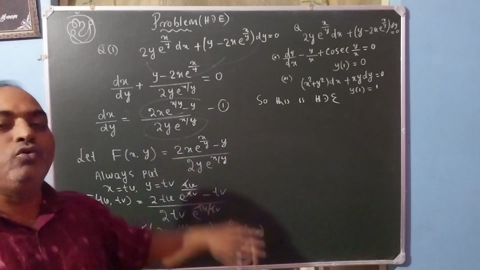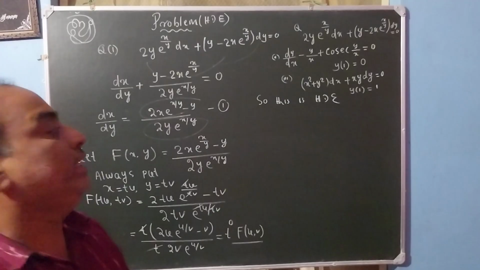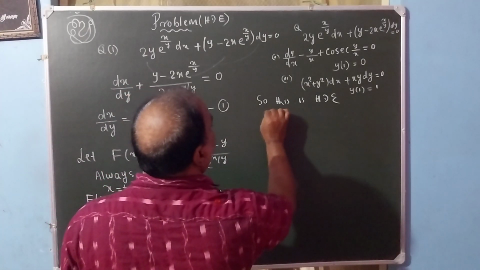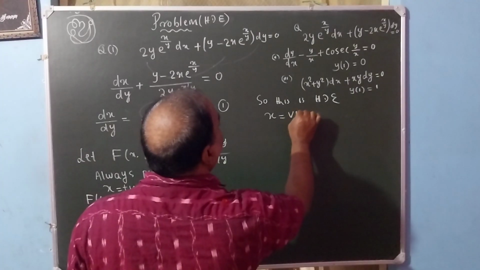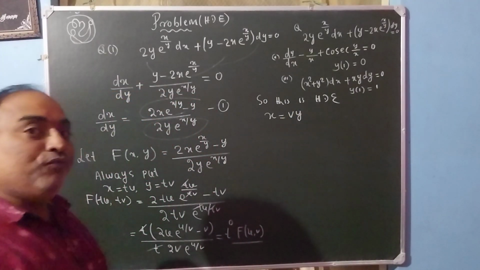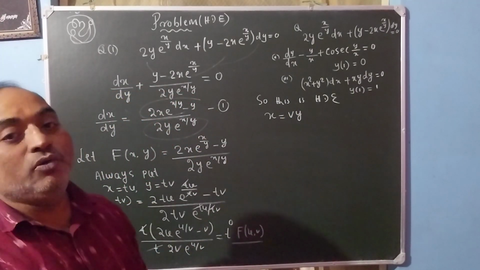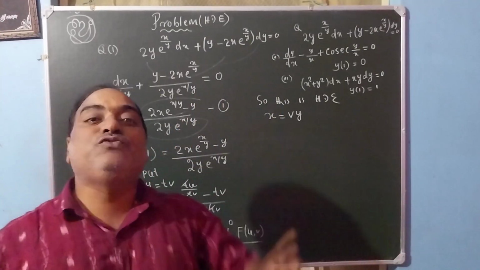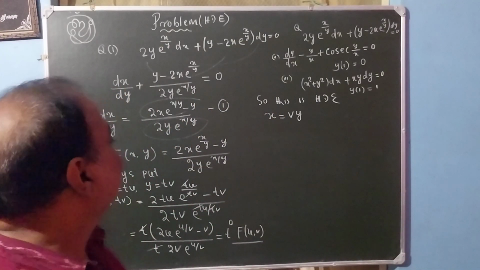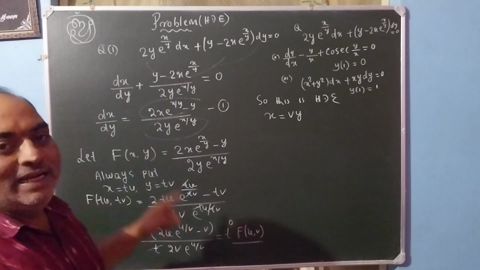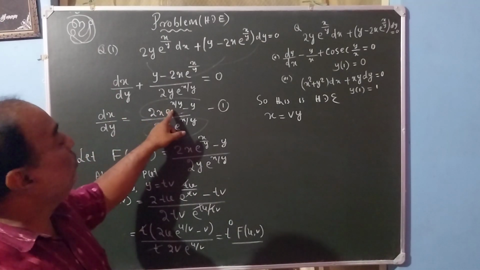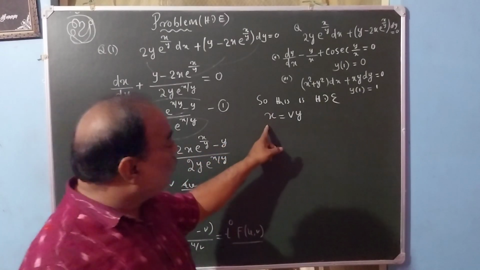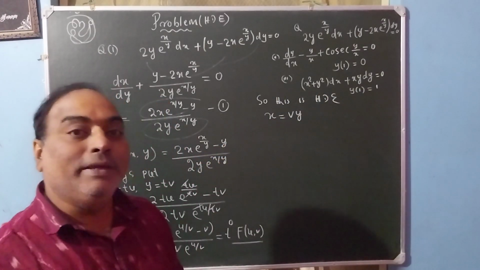So we have to put x is equal to vy. This is one special case. If dy by dx is given, then always put y is equal to vx. But here dx by dy is equal to M(x,y) by N(x,y), so we have to put x is equal to vy.